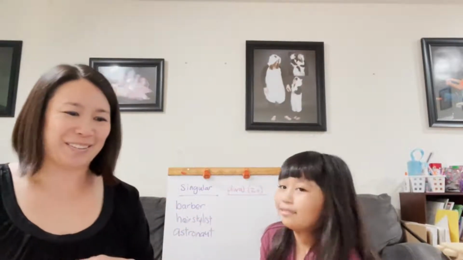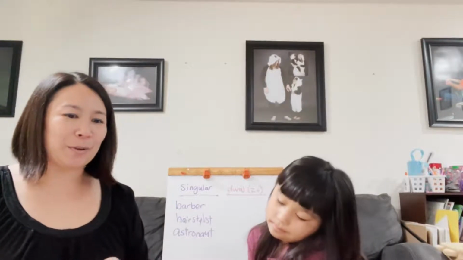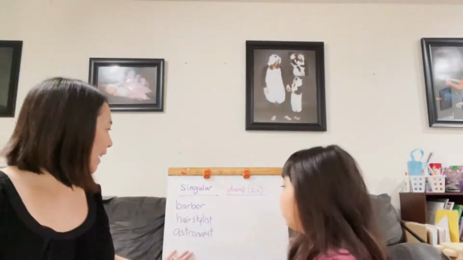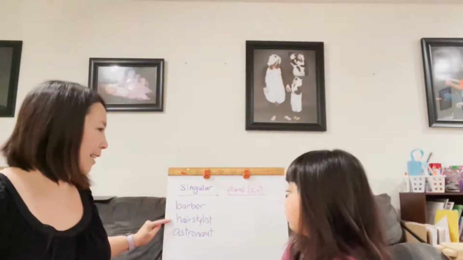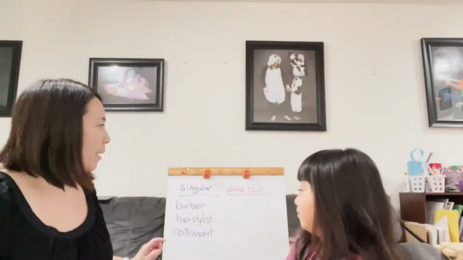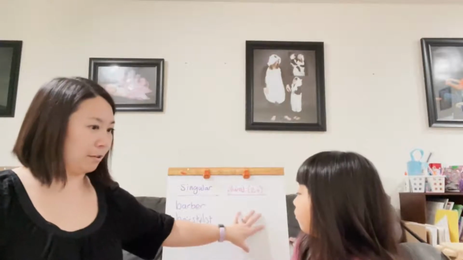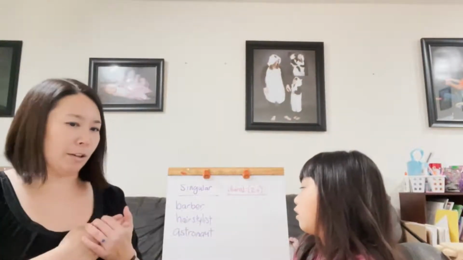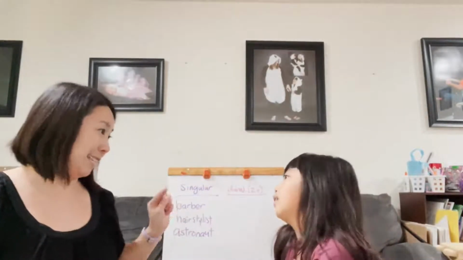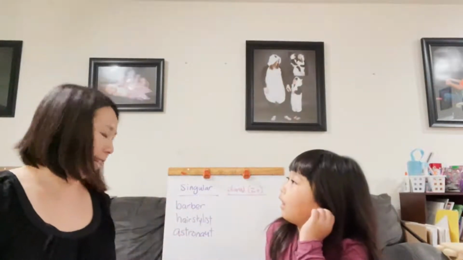Saida. Okay. So we have a singular column, Saida, meaning 1: barber, hairstylist, and astronaut. We're going to later make plurals for this, okay? So when you make a plural, you're going to put an S or an S sound at the end, okay?